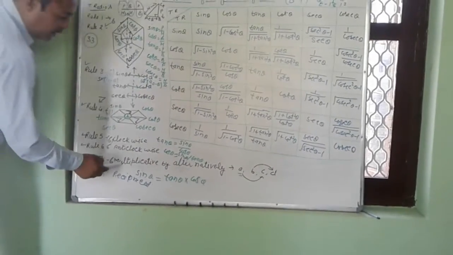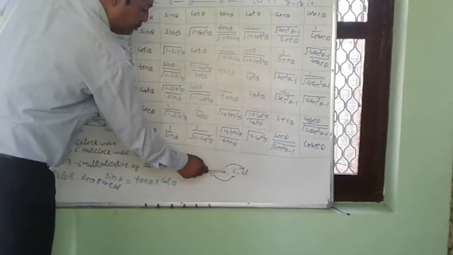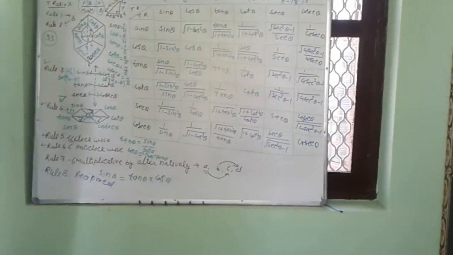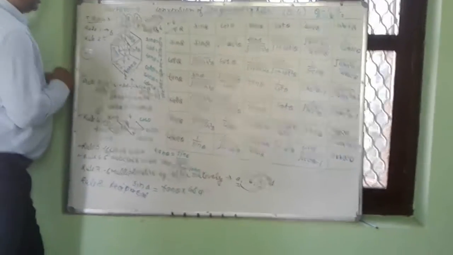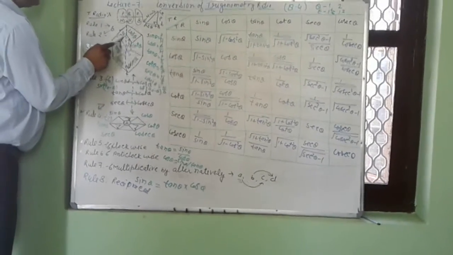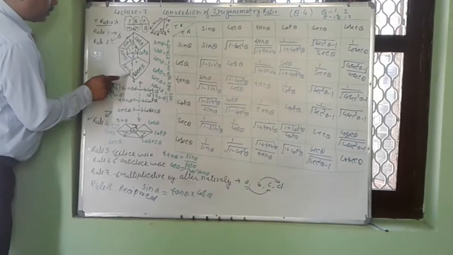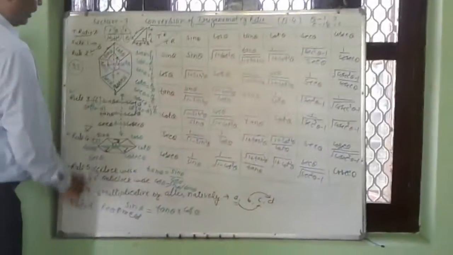Now the multiplicative or alternative method. The alternative method is like this: A, B, C and D we can write. For example, if we want tan theta, one side is sec theta, one side is sin theta. The product of sec theta into sin theta is equal to tan theta. We can write this.